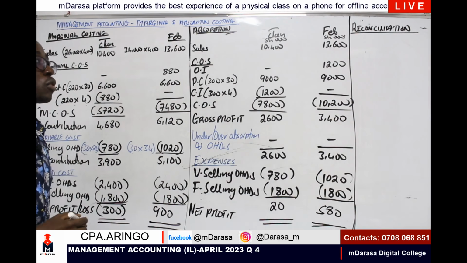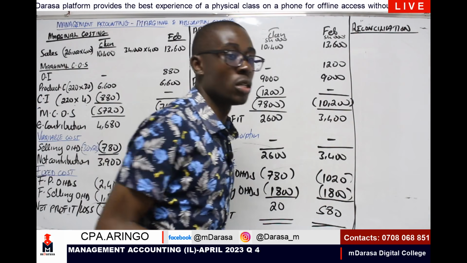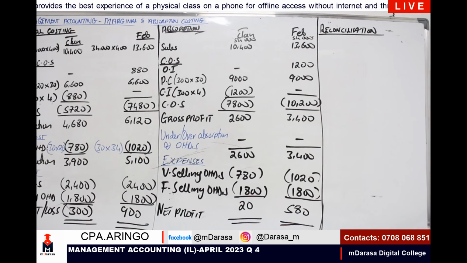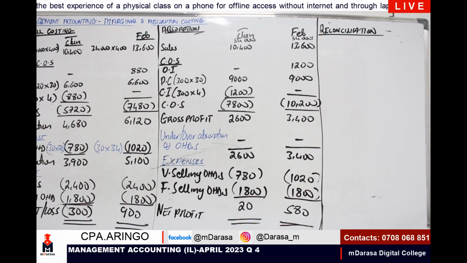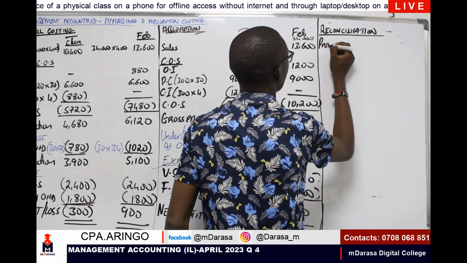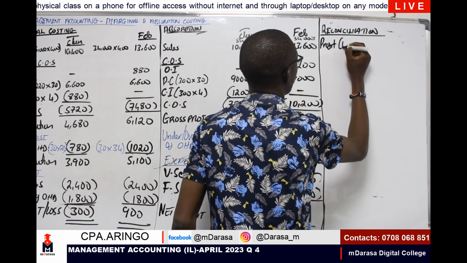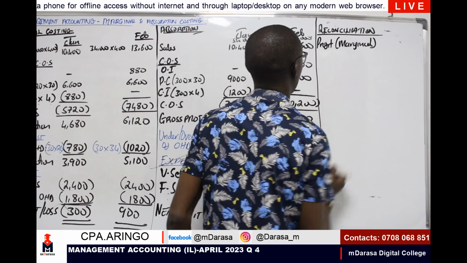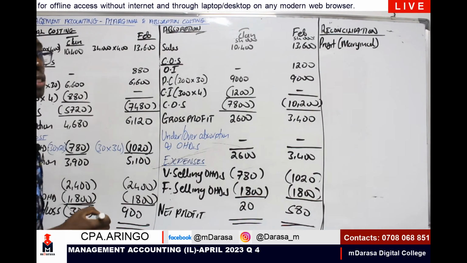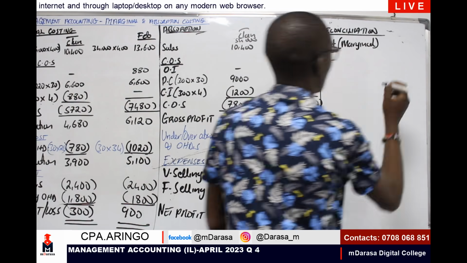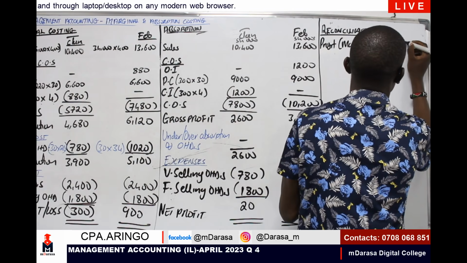You start with the profit as per marginal, which will be how much? Profit as per marginal, what did we have? A loss of 300.